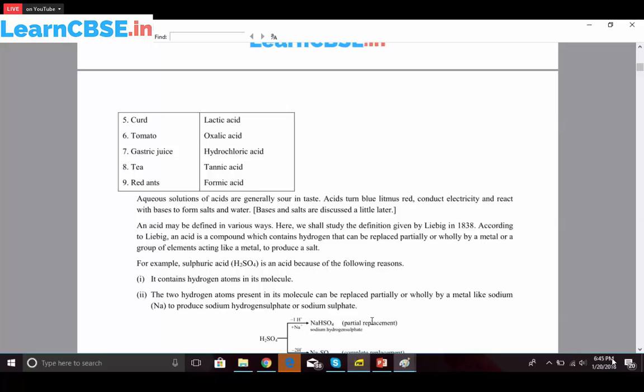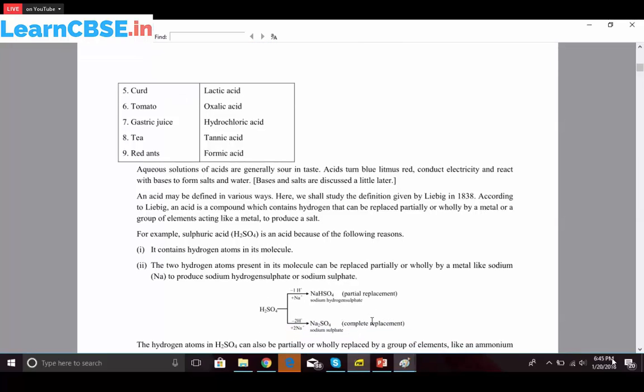And we can define the acid in many ways. An acid is a compound which contains hydrogen. Say for example, I take any acid, HCl, sulfuric acid, nitric acid, any acid.